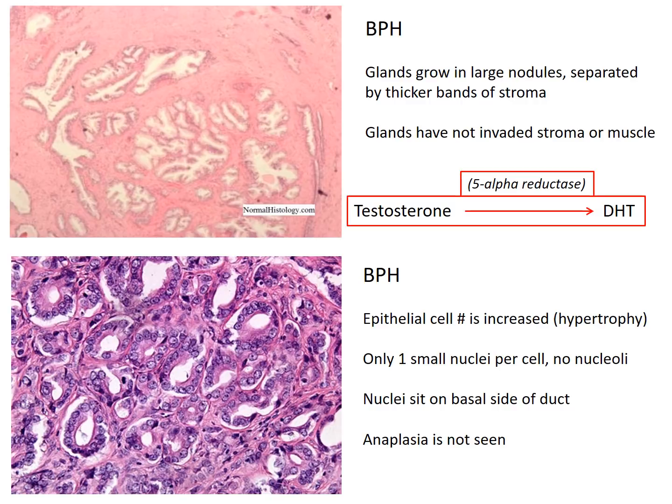They're not seeing anaplasia. Because once you start seeing anaplasia and invasion, it's no longer benign, right? Now it's malignant. So here's benign prostatic hyperplasia under the microscope, and the importance of the enzyme 5-alpha reductase and DHT.